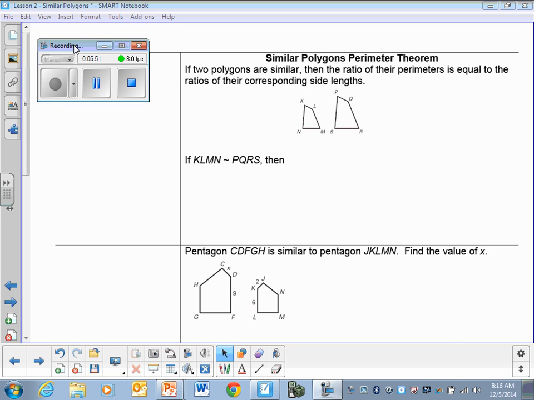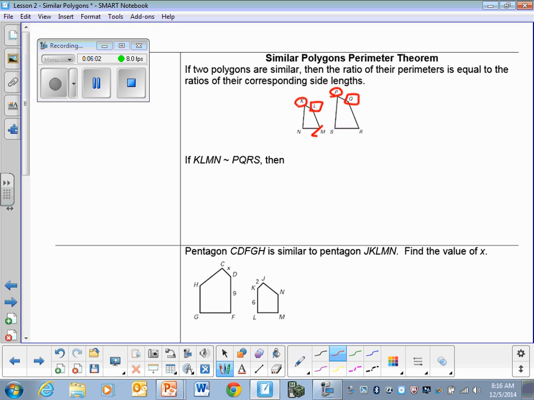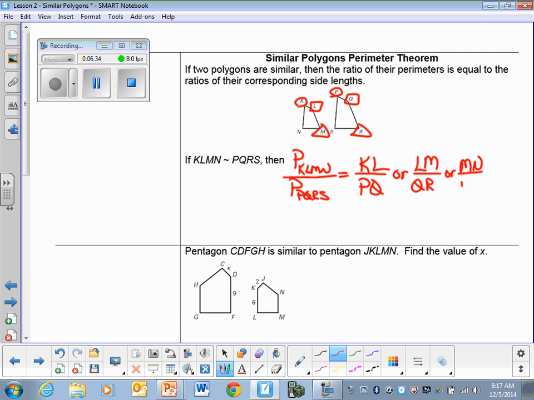So, if KLMN is similar to PQRS, so K to P, L to Q, M to R, and N to S, then the perimeter of KLMN over the perimeter of PQRS has to equal the length of KL over the length of PQ, or the length of LM over the length of QR, or the length of MN over the length of RS, or the length of NK over the length of SP, right?